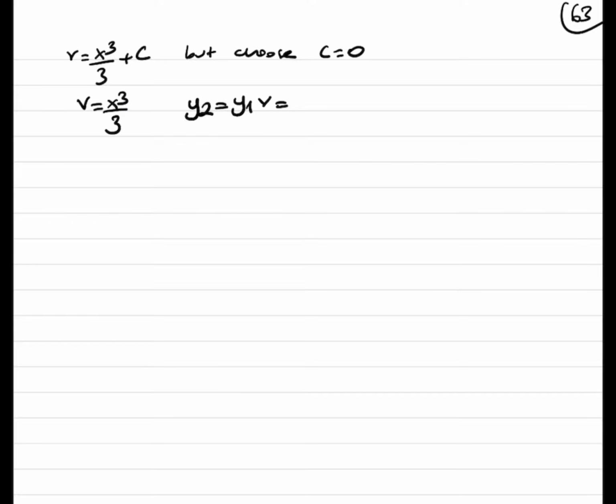V is some function of x. y1 was given, it was x, and we find v to be x cubed over 3. So y1 is x, and now y2 is equal to x to the power 4 over 3.